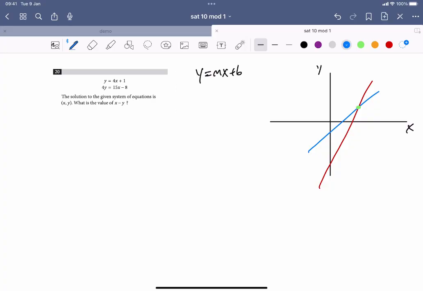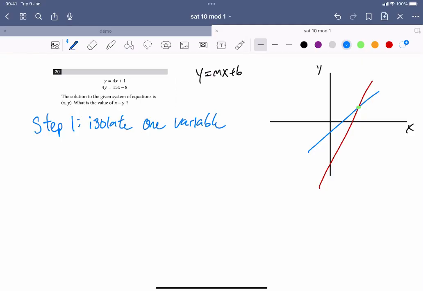So the way to approach these system of equations is that you want to isolate one variable. Notice that in equation 1, which is the top equation, the y variable is already isolated.